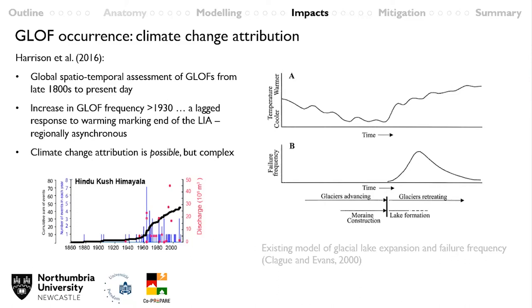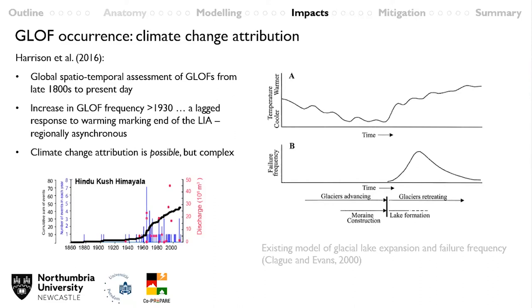And so, on the right-hand side, this feeds in, I suppose, to an interesting model by John Clague and Evans from quite some years ago now, where they looked at existing models of glacial lake expansion and failure frequency. And so there's an interesting question here about where we currently are, I suppose, on that trajectory on the bottom.